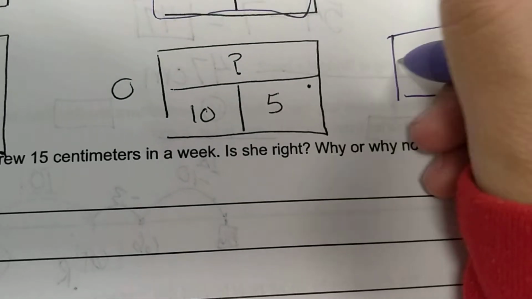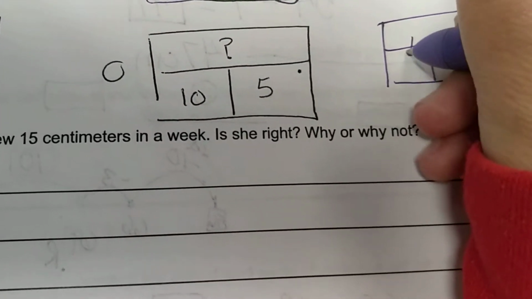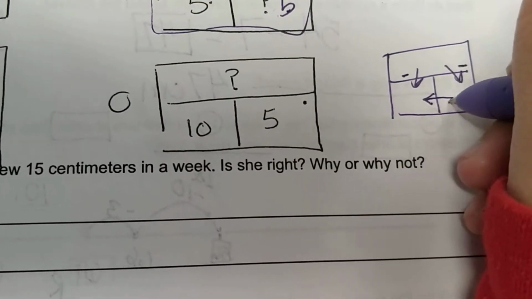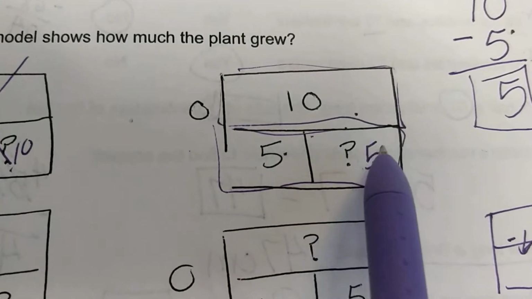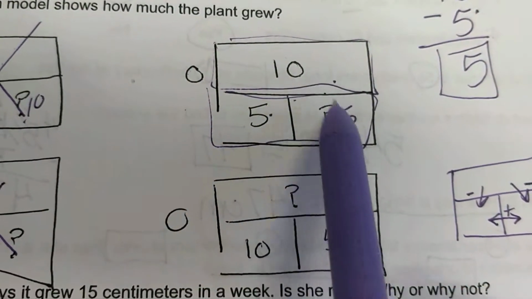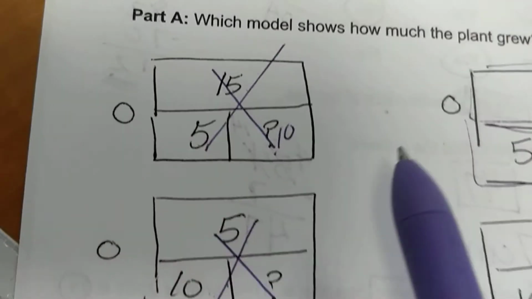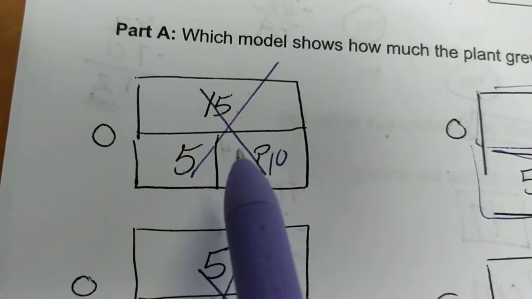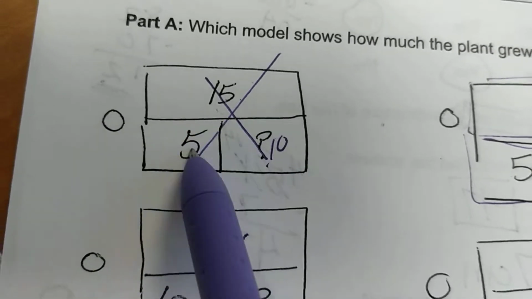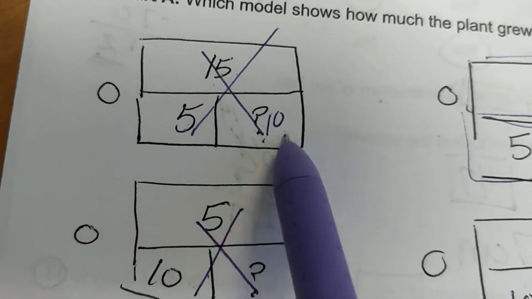Now in a part whole, think of it like this. If you don't know already, if you go down, you are going to subtract. But if you're going to go across, you will add. So for example, if I go back up here, 5 plus 5 is 10. 10 minus 5 is 5. If I go over here, even though this is the wrong answer, it's still the same part whole that you could use. 15 minus 5 is 10. 15 minus 10 is 5.